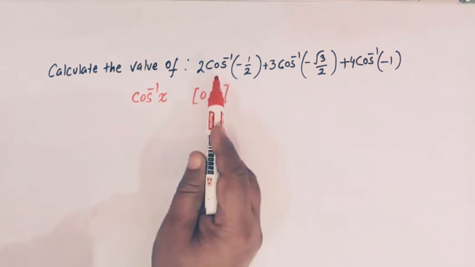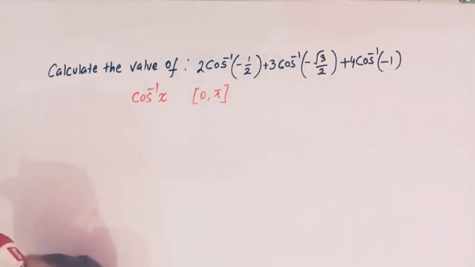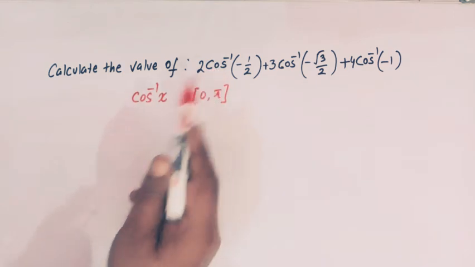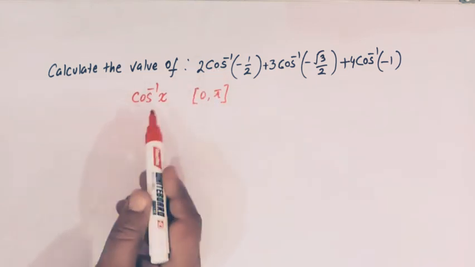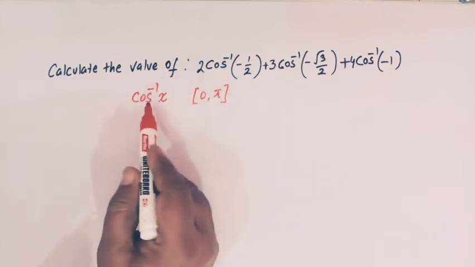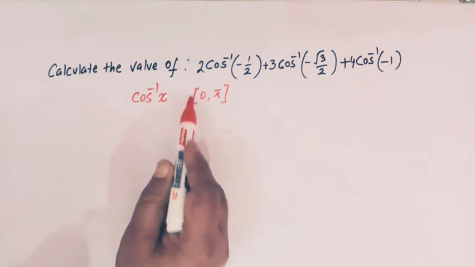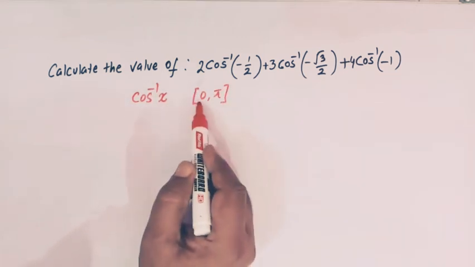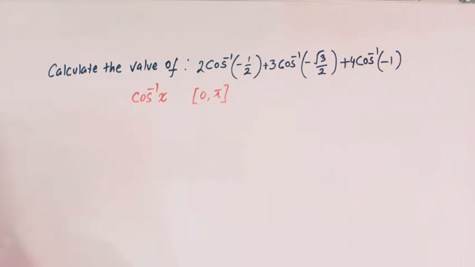Okay, so the expression contains only the cos inverse function, and the principal branch of cos inverse x is the closed interval 0 to pi, right?